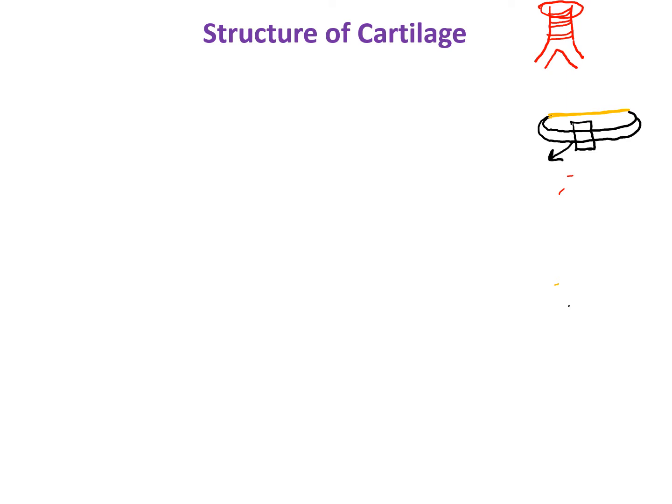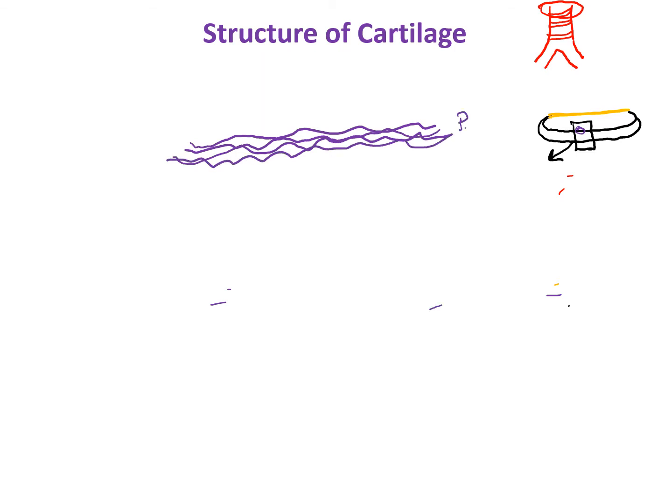If we were to draw this, on the outside, it would have a layer of perichondrium, which is made up of type 1 collagen fibers. So, this is the perichondrium, which is nothing but dense fibrous connective tissue which separates the cartilage from the surrounding structures.